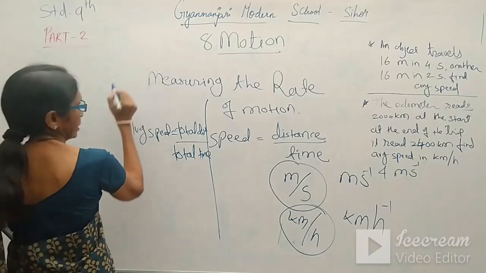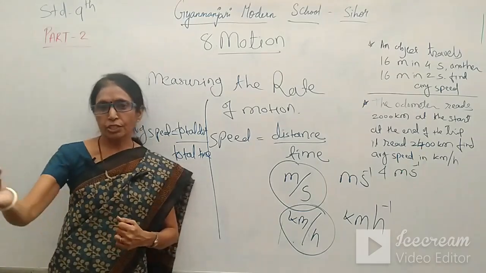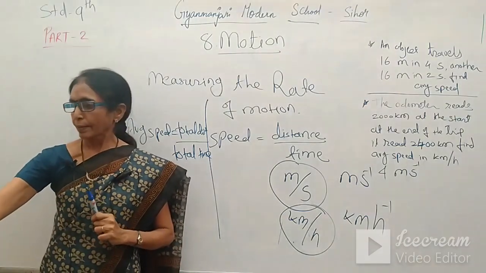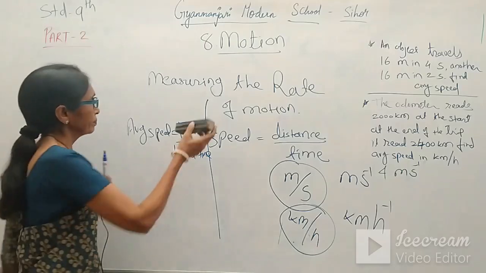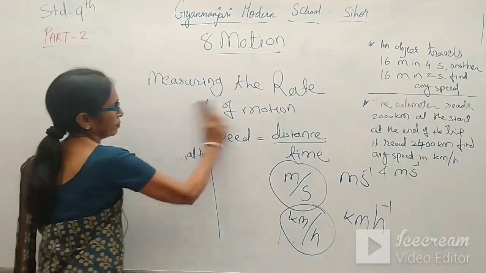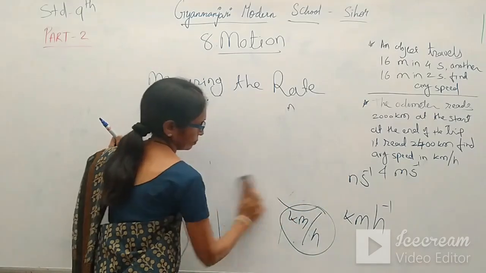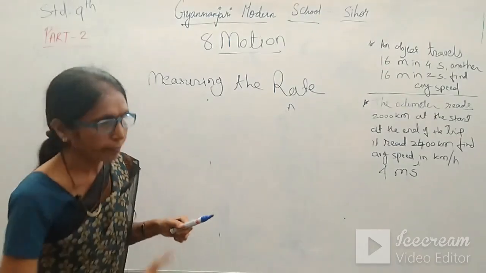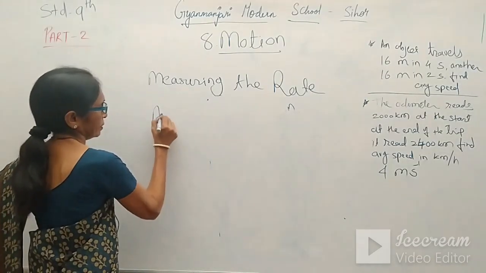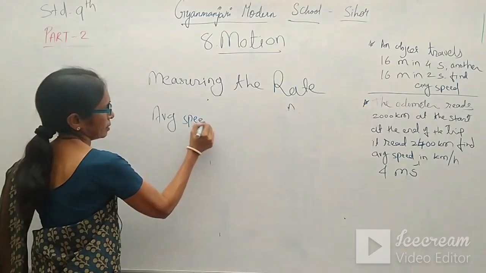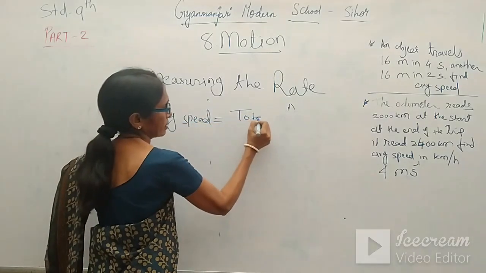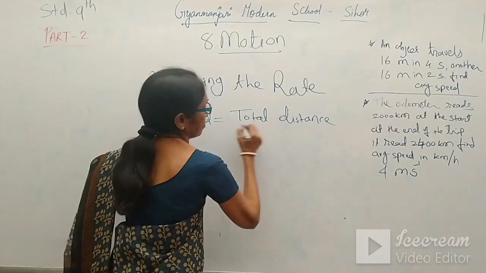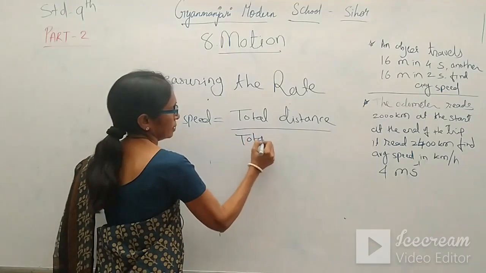So, average speed is equal to total distance upon total time.